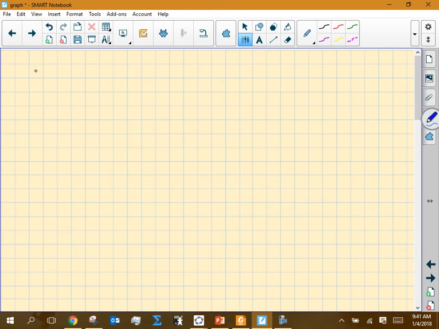I'm just going to go x squared over 16 minus y squared over 9 is equal to 1. So we instantly know this thing's going to be a hyperbola because of the subtraction sign in the middle. And we instantly know, because the x variable comes first, that this thing is opening left and right.